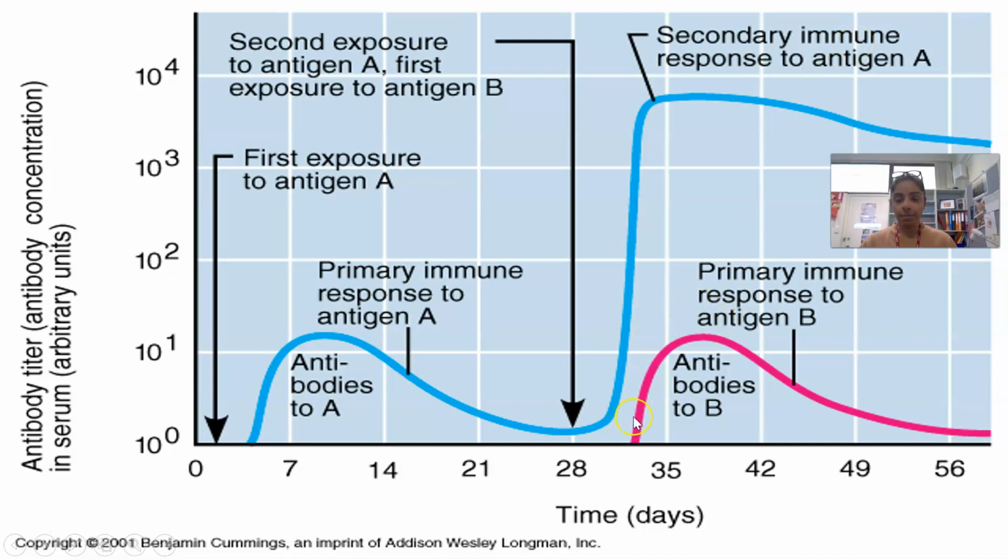Now, this here is referring to how the body will react to a dose of a different pathogen. So I want you to be thinking about why we go back to the primary response. Why is that different to this blue line? You should have recognized that because we have different pathogens, we have to make different antibodies.